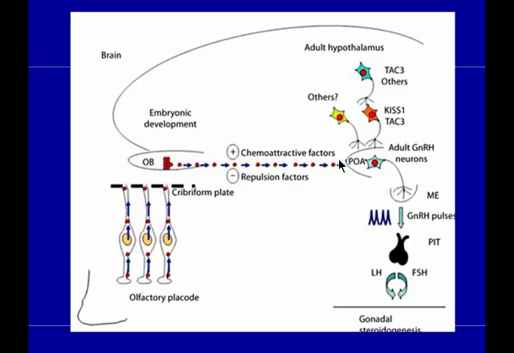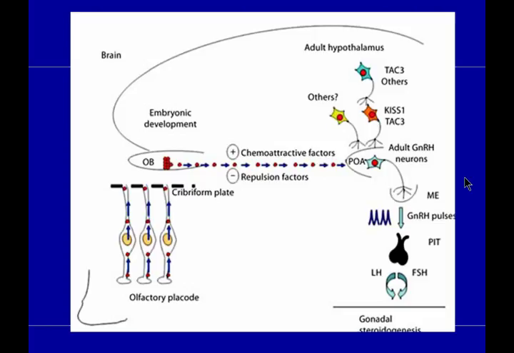And many genetic diseases, or people with gonadotropin deficiency, have been determined to be missing GnRH neurons simply because one or more of these chemoattractive factors have been missing. Now, the reason I bring this up is the connection between olfaction. One of the most classical diseases of isolated gonadotropin deficiency is called Kallmann syndrome, because of a missing gene called KAL1 that's very critical for this migration to occur.